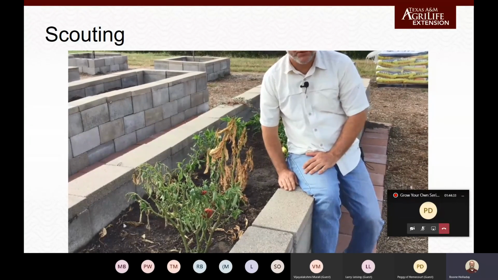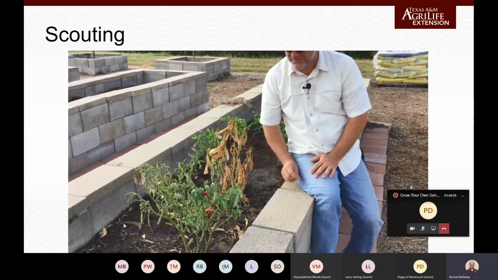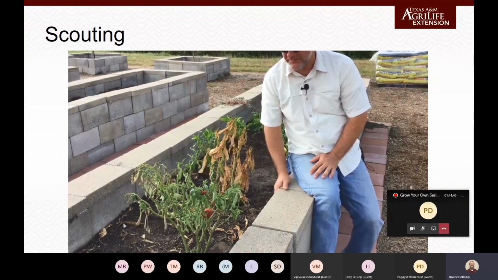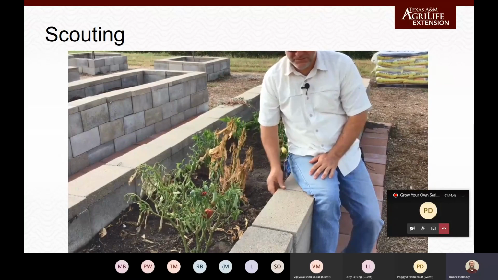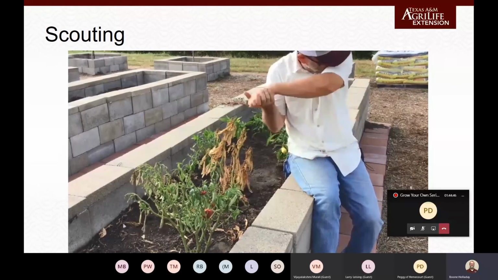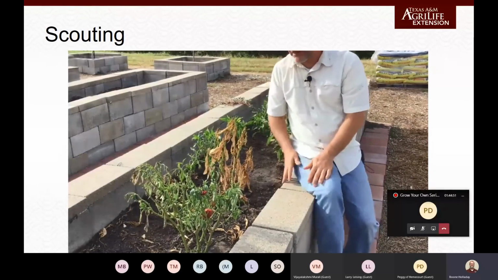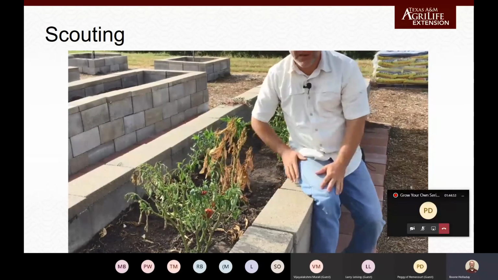Sometimes just really good care, if you have very good healthy plants, they can fight off potential infection from either fungal or bacterial diseases. But in this case here, it looks like we've got something going on. And again, scouting is important.